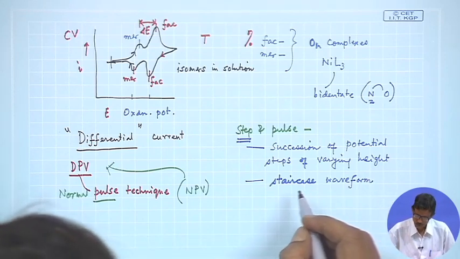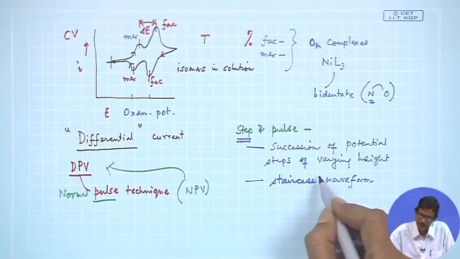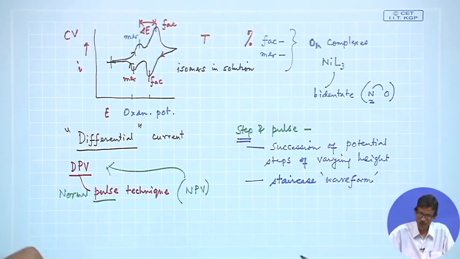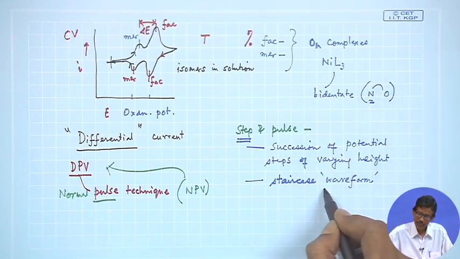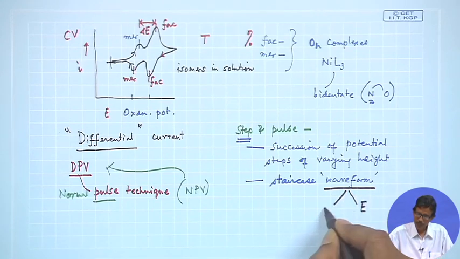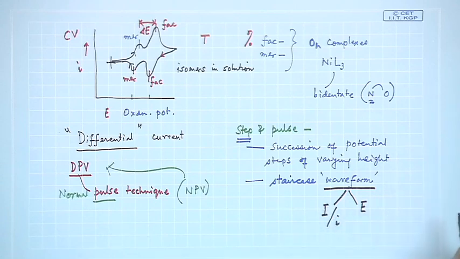As we discussed earlier, different waveforms are available, and the triangular waveform is used for your cyclic voltammetric measurements. Now we are looking for something which we can consider as a staircase waveform. How can the nature of this waveform be useful for getting the corresponding E value and the corresponding I, sometimes also written as small i, the current? How do we generate those potential pulses?